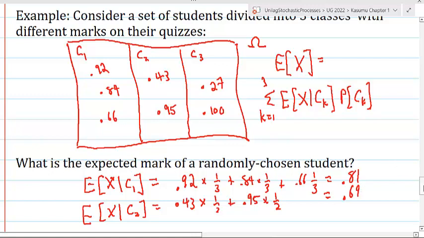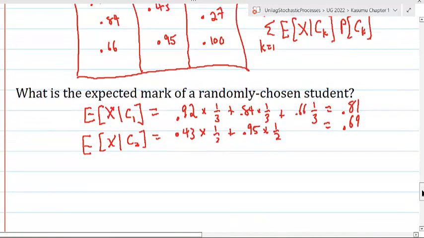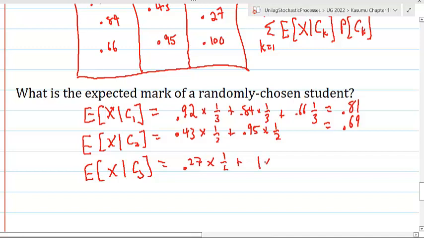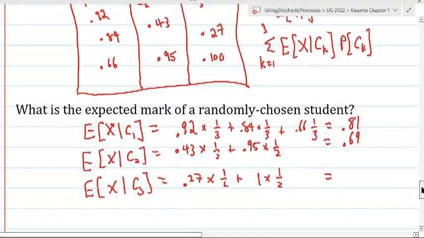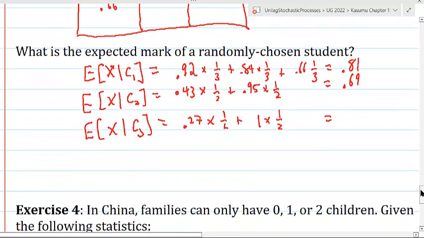Then finally, I take the expectation of x given c3. So we can write this very easily. This is just 0.27 times 1/2 plus 1 times 1/2. And you can work this out. It is 0.635.